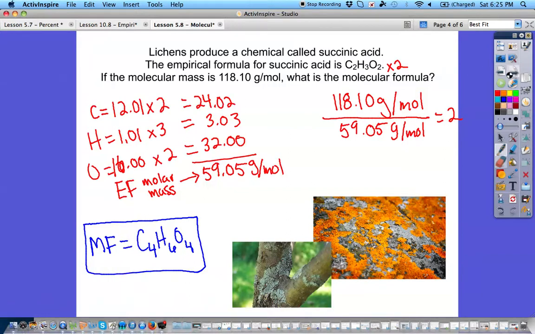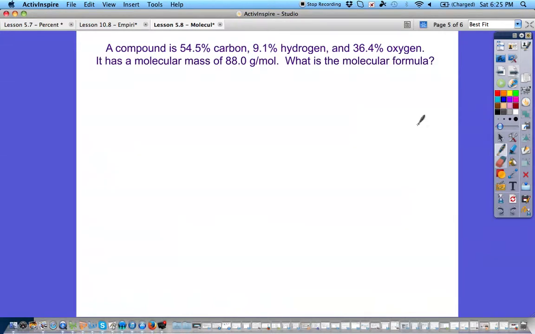And then our last example says we have a compound with 54.5% carbon, 9.1% hydrogen, and 36.4% oxygen. It has a molecular molar mass of 88 grams per mole, and we want to find the molecular formula. Well, we're not given the empirical formula, so we need to start by finding our empirical formula.